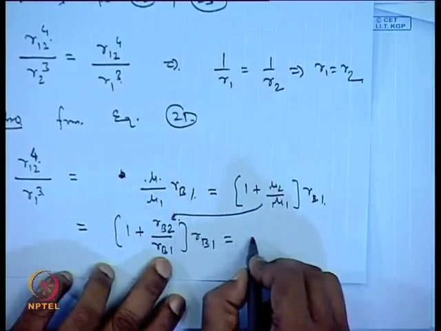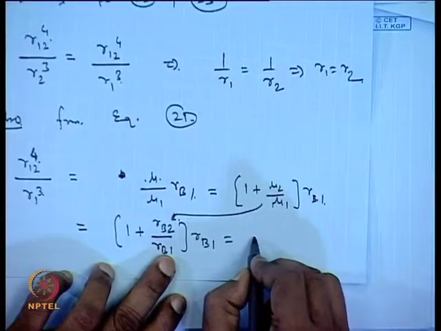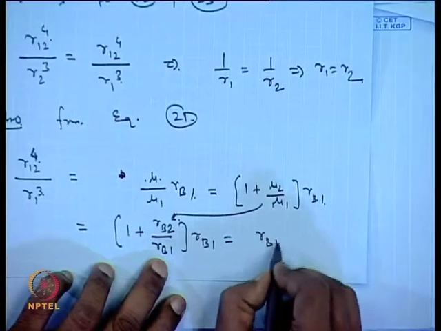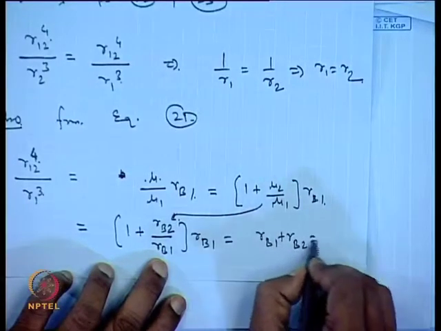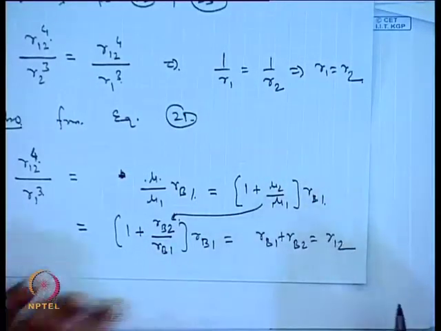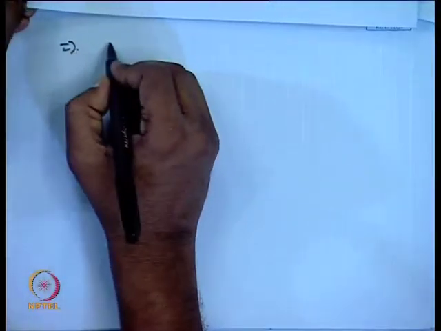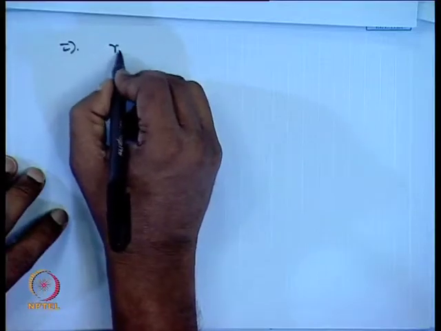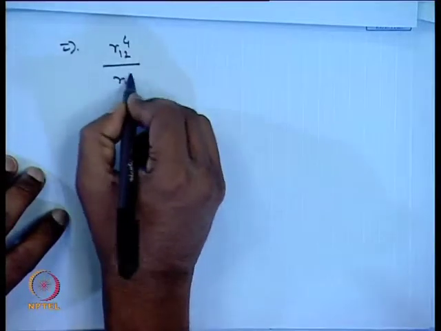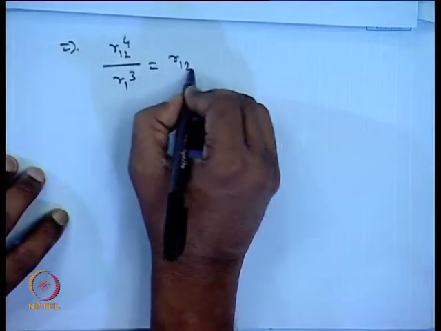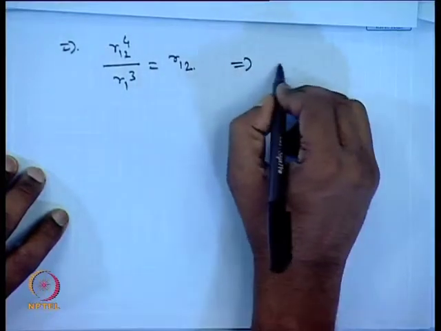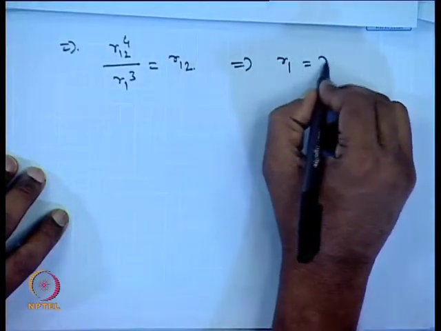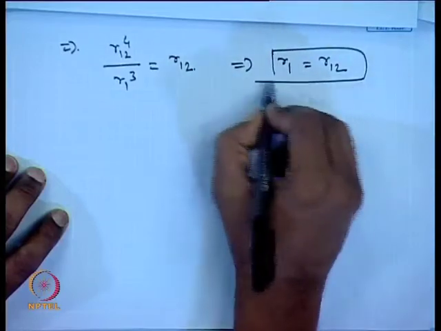So, this leads up to RB1 plus RB2 is equal to R12. So, this implies R12 to the power 4 by R1 whole cube is equal to R12, and this implies R1 is equal to R12.